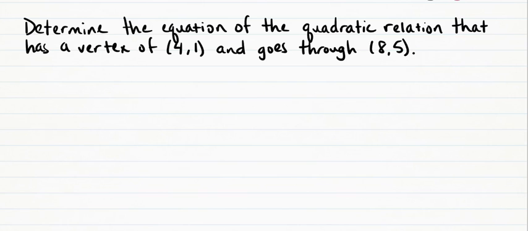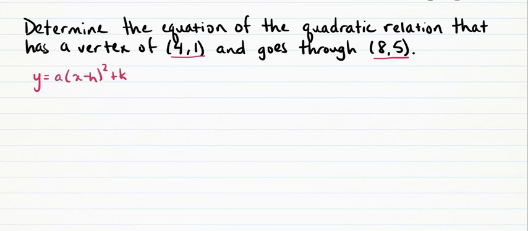Okay, we're going to do another example that's similar but a little bit different. Here we are determining the equation of the quadratic relation that has a vertex of 4, comma 1 and goes through the point 8, comma 5. Because we're given the vertex, we're going to start with vertex form: y equals a times x minus h squared plus k.